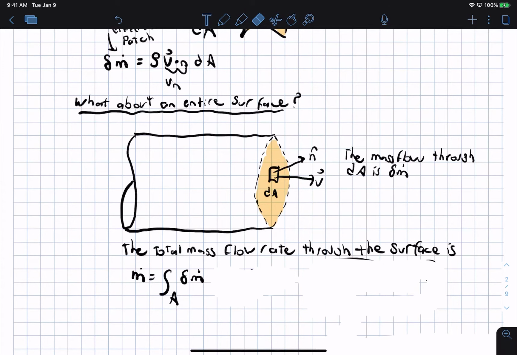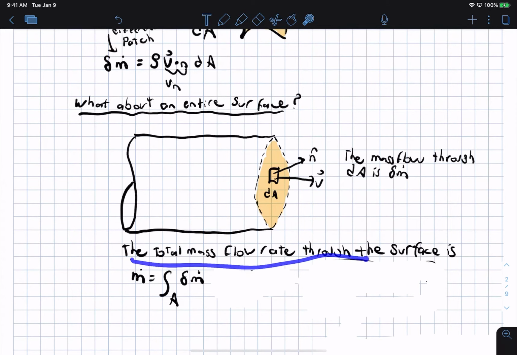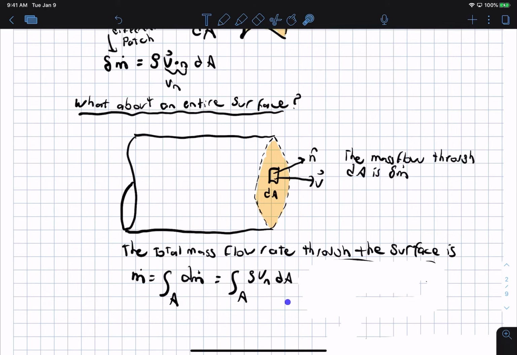So the total mass flow rate through the surface, m dot, is equal to the area integral of all the delta m dots, or if you prefer, dm dot. And that is equal to, we just substitute in our result for dm dot that we calculated here, so that's just the area integral of rho times vn times dA, and we use the dot product.